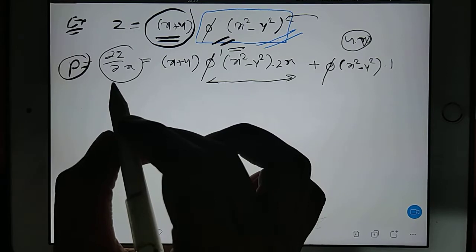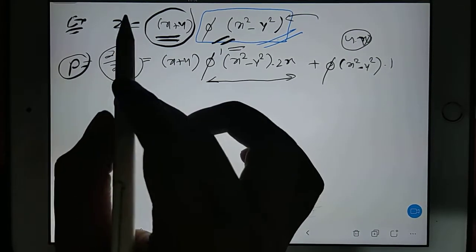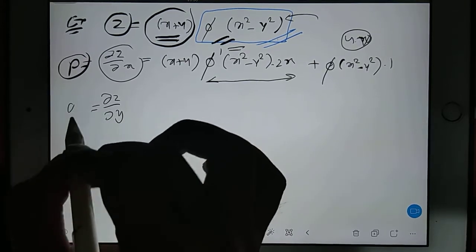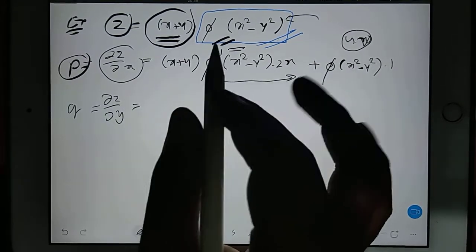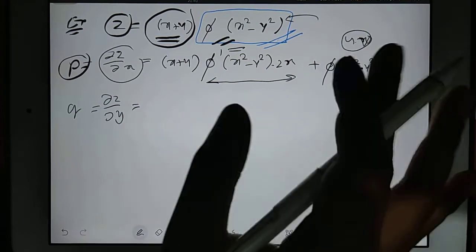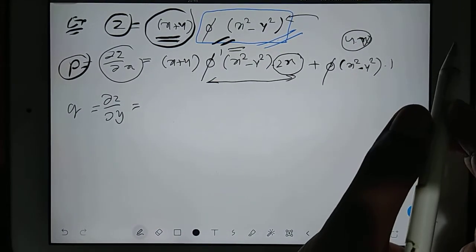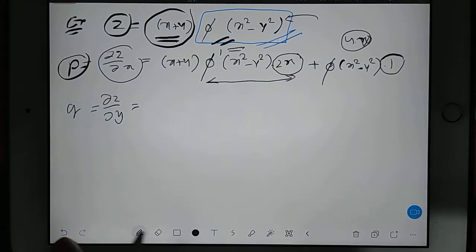The value of q will be very similar. So you differentiate for y also. So dou z by dou y, this is nothing but your small q. Again you will apply the same concept, and a very similar answer will come. Only 2y will appear here and minus will appear here, plus 1 will appear here.